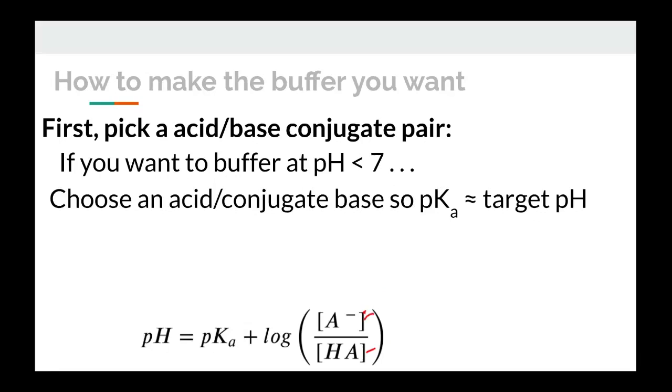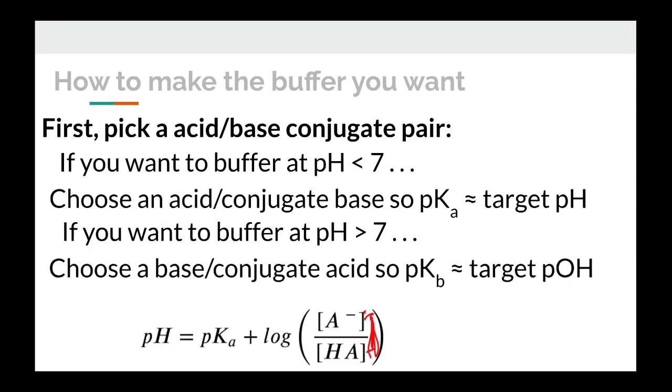Now, messing with this ratio of A minus to HA concentration, or moles, allows us to adjust a little bit up or down from pKa, but if you're not close to pH with your pKa, then that'll be very hard to do. If you want a buffer that's at pH greater than 7, choose a base that has a pKb that's close to your target pOH, and then combine that with its conjugate acid.